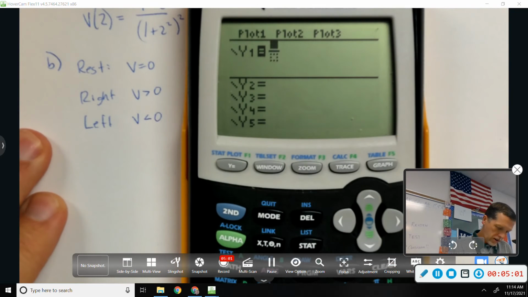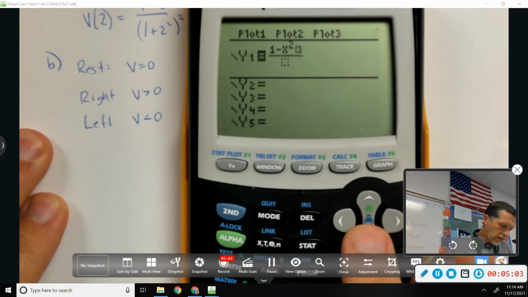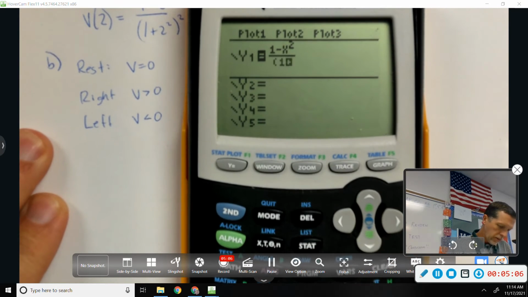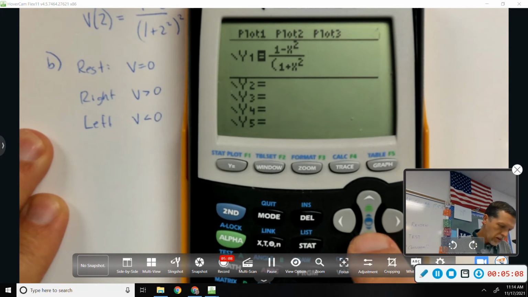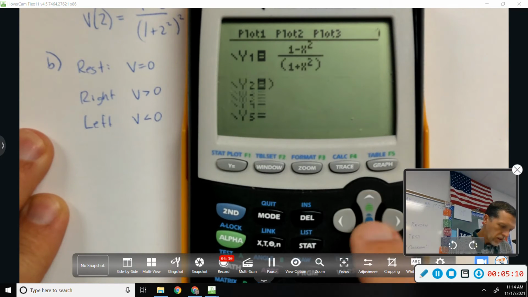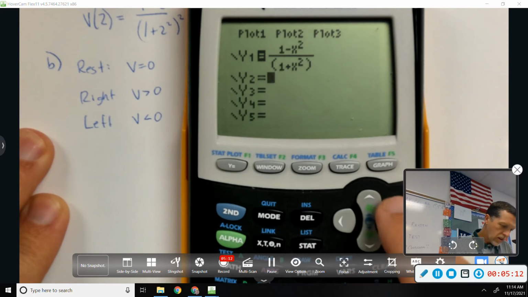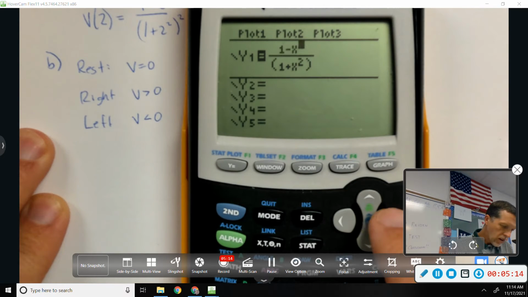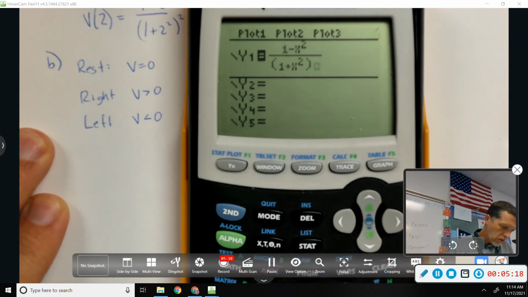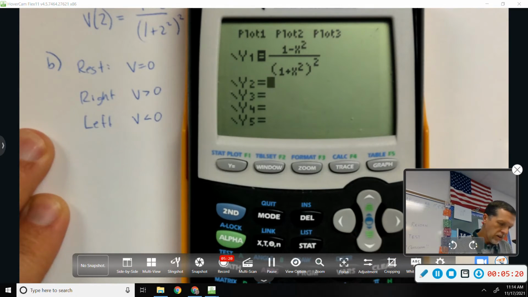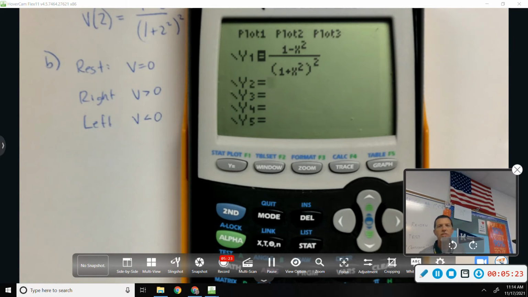Fraction bar, 1 minus x squared, over 1 plus x squared, whoops, squared. There we go. 1 minus x squared over 1 plus x squared, squared.